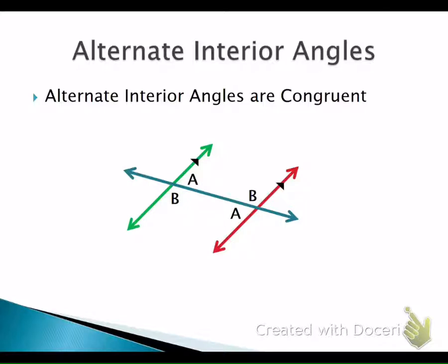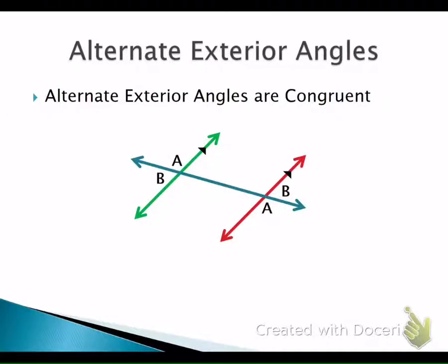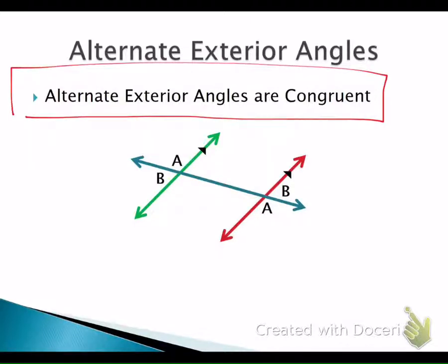Something else that happens. Once again, you just need to write this part. The alternate interior angles are congruent. Third thing that happens. Alternate exterior angles are congruent. So corresponding angles are congruent, alternate interior angles are congruent, alternate exterior angles are congruent. There's one more relationship we talked about yesterday, and it's kind of the oddball. Yeah, the same side interiors aren't congruent.